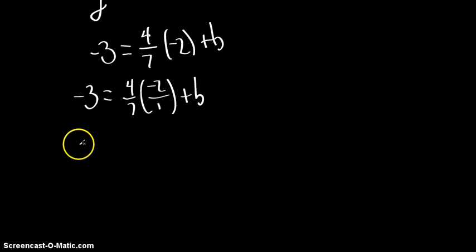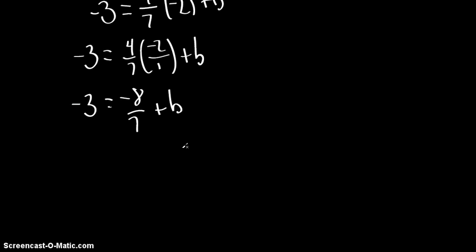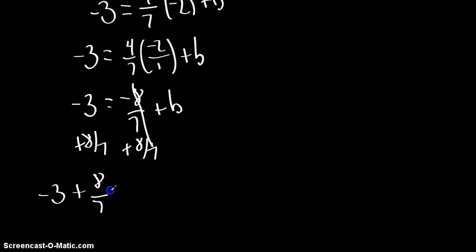Multiply those all out. -3 equals -8/7 plus b. I'm going to finish this by adding 8/7 to each side. Cancel those out. -3 plus 8/7 is going to equal our b.